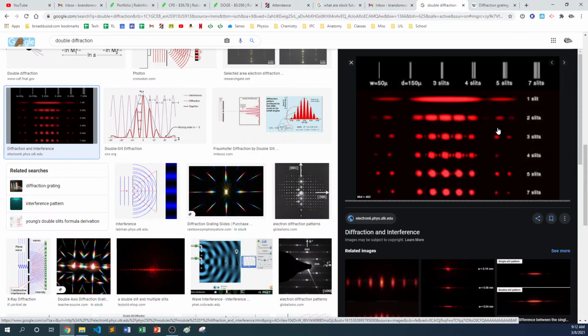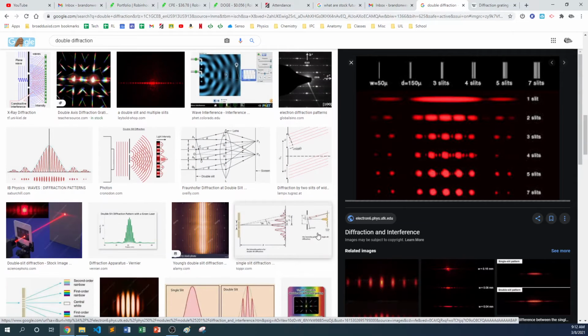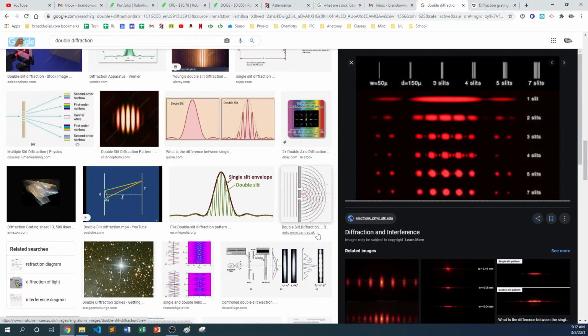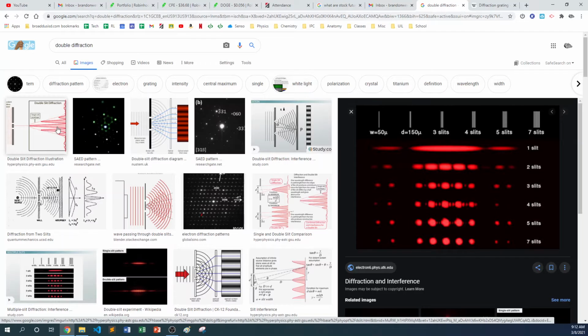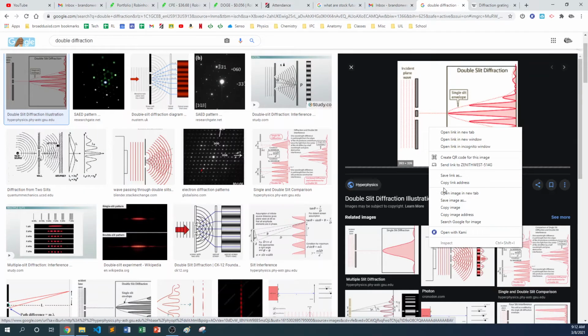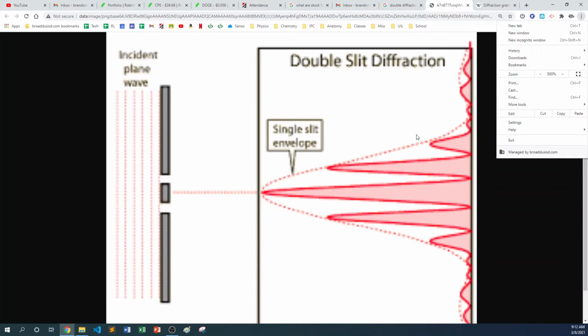The more narrow the slits are, the better the image is too. Less blurry. So here's a double slit.